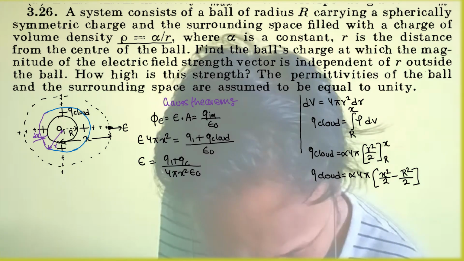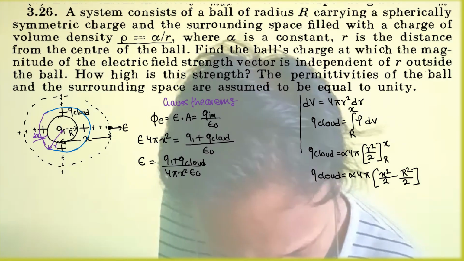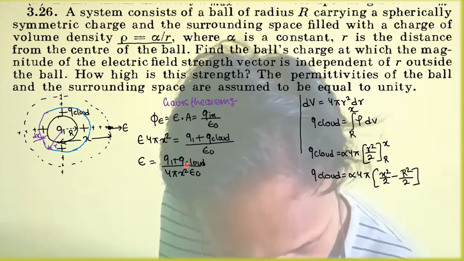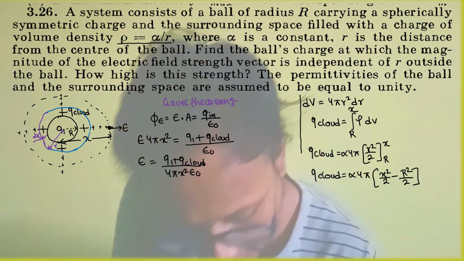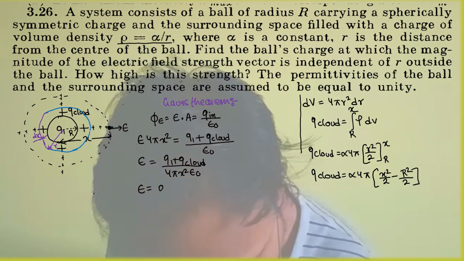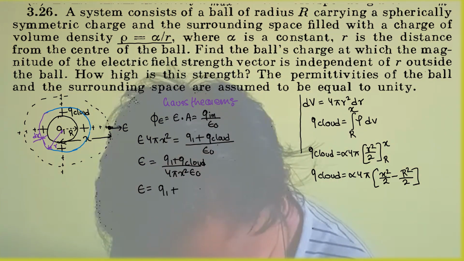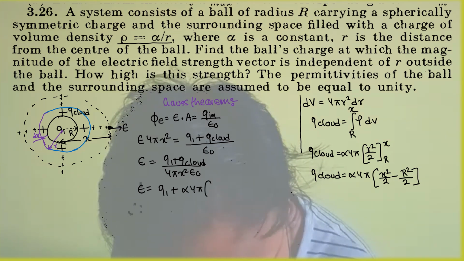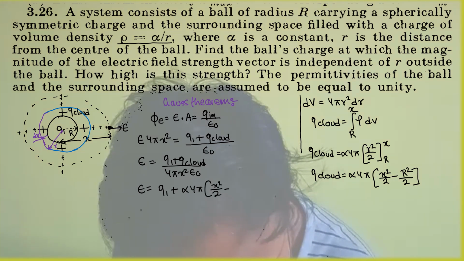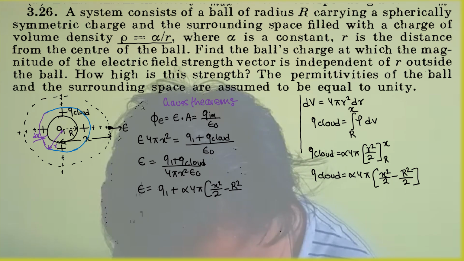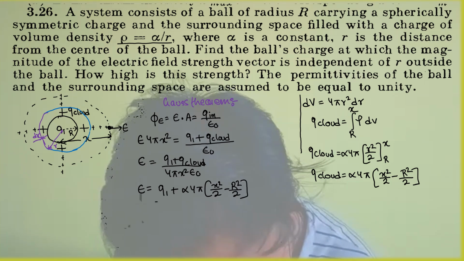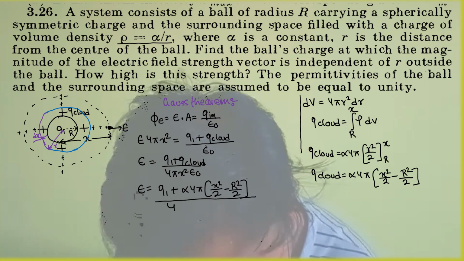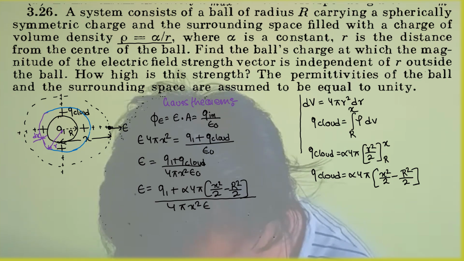You can understand, no? Now simple enough. Let me just substitute the value of q cloud out here. E is equal to q1 plus, what is the value of q cloud? Alpha 4 pi into x square by 2 minus R square by 2, isn't it? Divided by 4 pi x square epsilon naught.